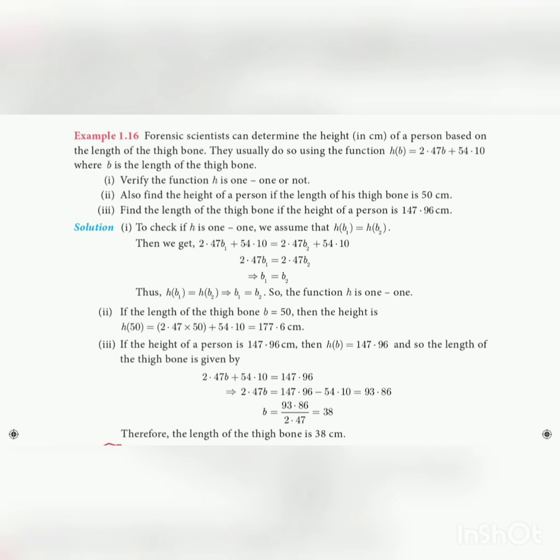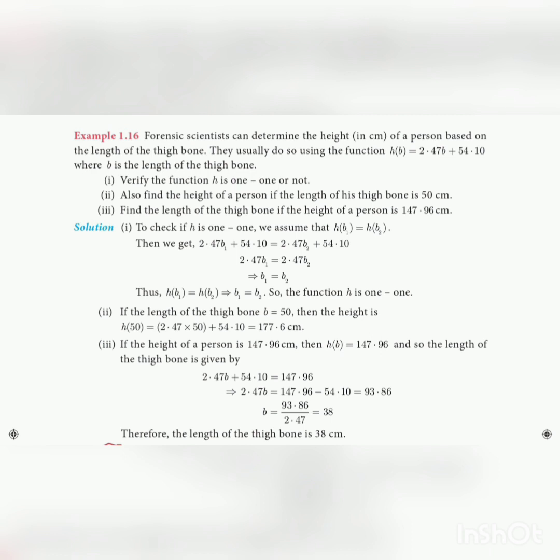Here, just the names of the variables in the function are different. But the given relation h of b is taken directly in the first line, we have to first prove this is one to one. That is the first subdivision. Not only prove, we have to check whether this is one to one or not.